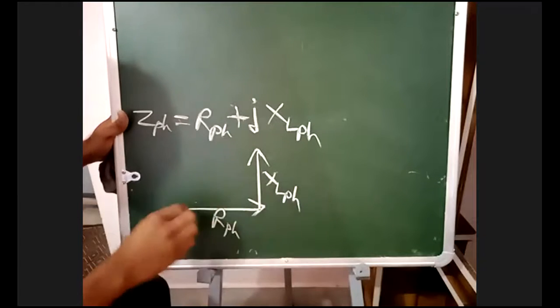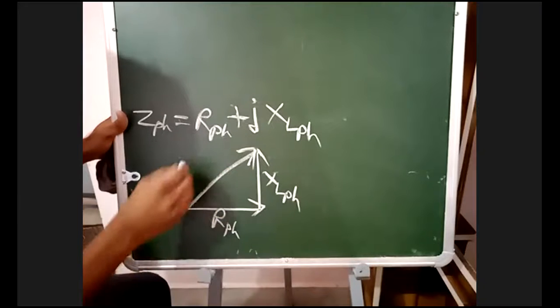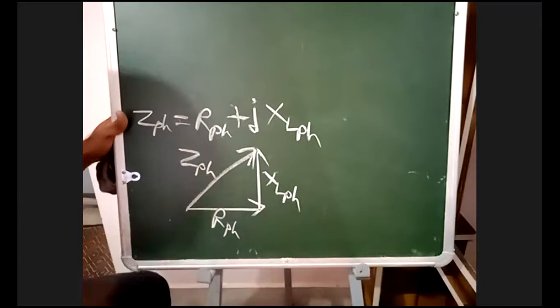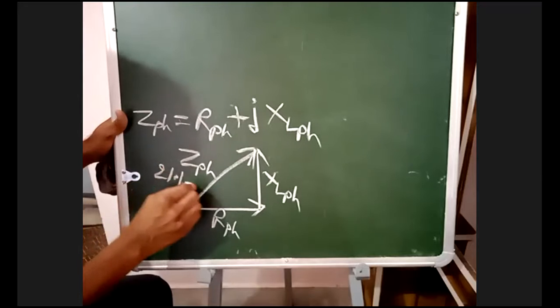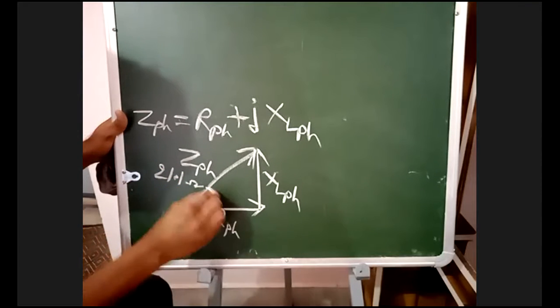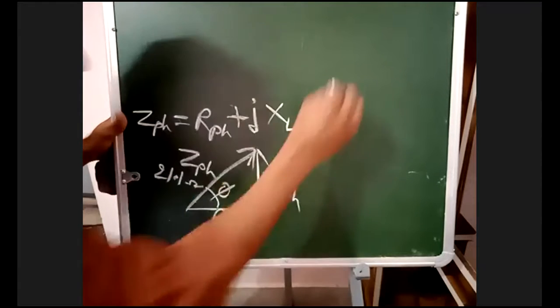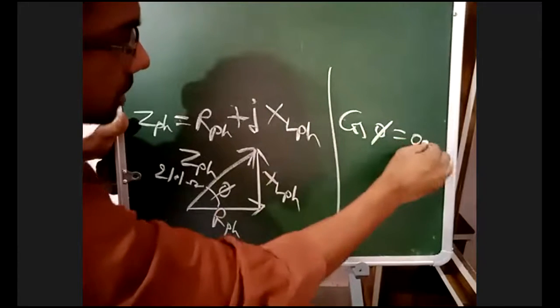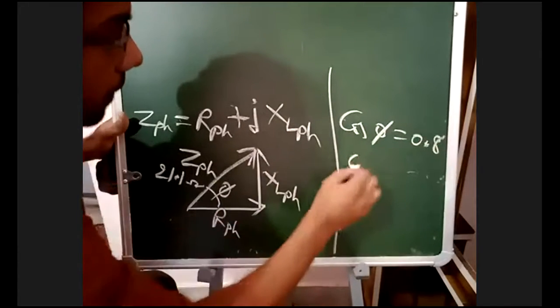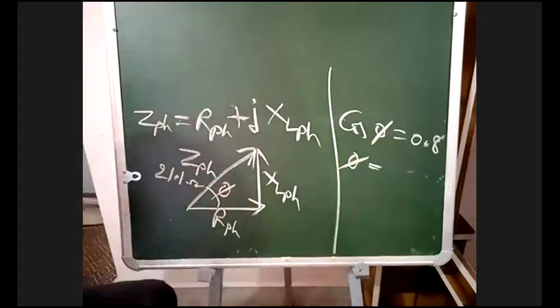J means 90 degrees, so this is a right angle triangle. Z phase is 21.1 ohms. You know phi, because cos phi is equal to 0.8 in the problem. What is phi? Cos inverse of 0.8.